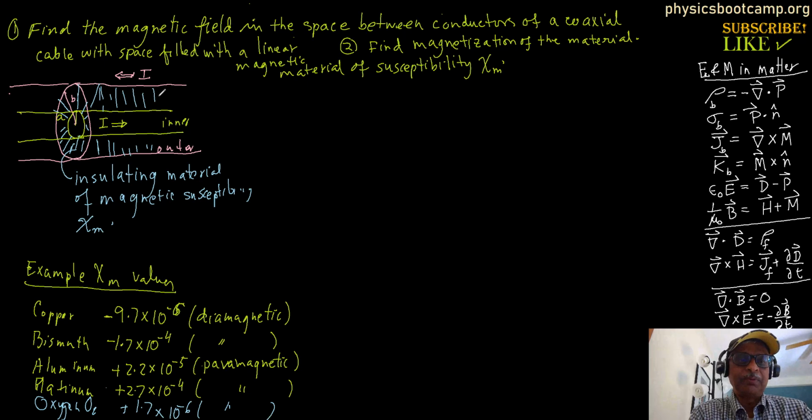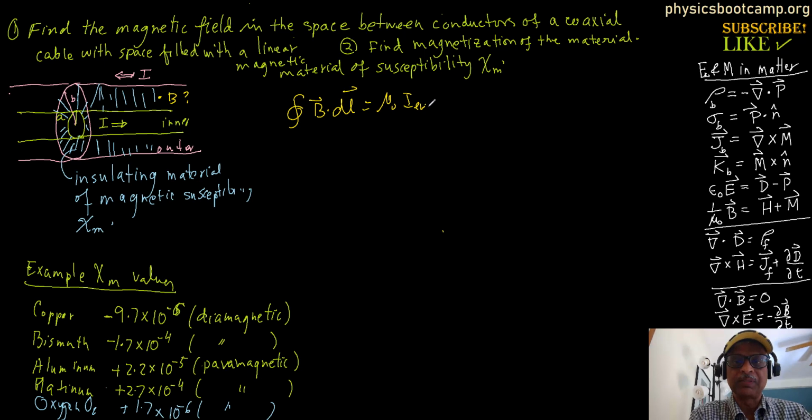So we want to know what is the magnetic field, basically what is B at an arbitrary point around here. Because there's a material here, we can't use the integral of B dot dl equals mu naught I enclosed.